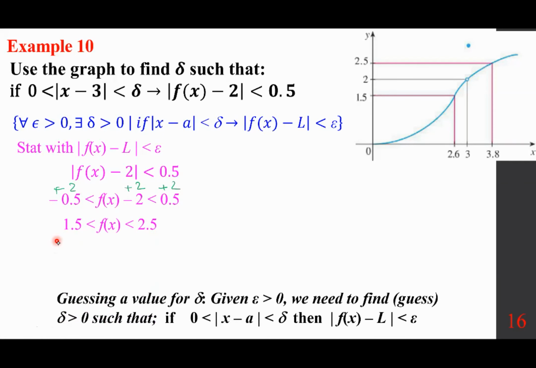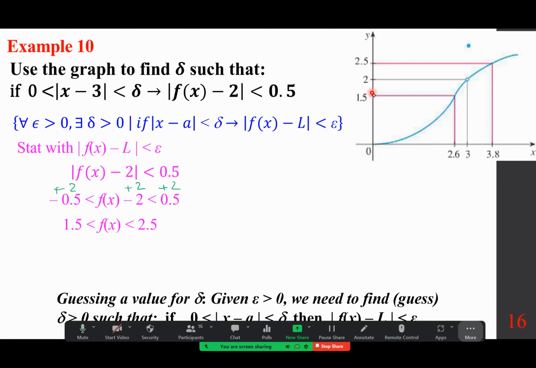And f of x is between 1.5 and 2.5, as is indicated in the graph anyway. Now, if we look at the graph, we notice x is somewhere between 2.6 and 3.8.